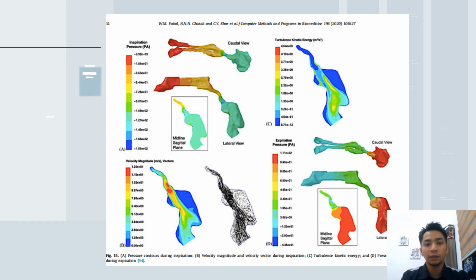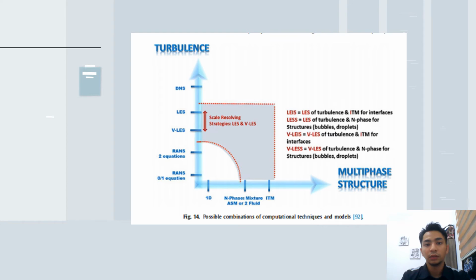Next, in CFD we can also find the pressure during inspiration, B. velocity magnitude and velocity vector during inspiration, C. turbulence kinetic energy, and D. pressure during expiration. And this is the graph for turbulent multiphase structure, a possible combination of computation technique and model in CFD.